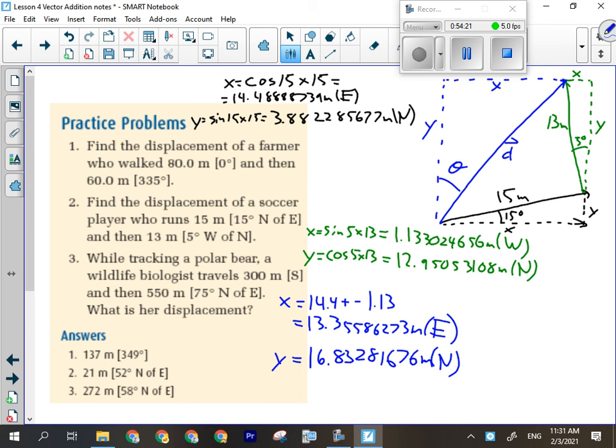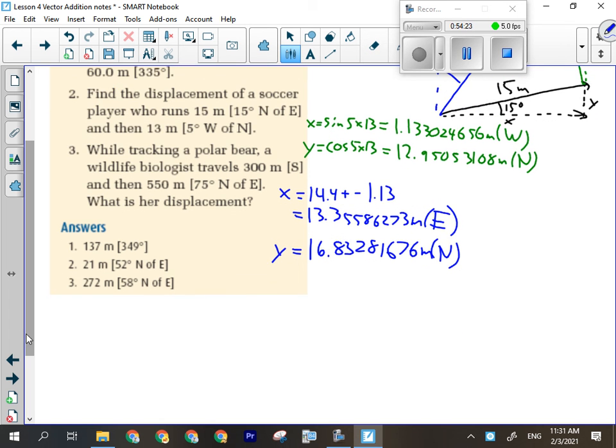All right, so now that I know the two sides, can I find D? How do I find D? Pythagorean Theorem, exactly.